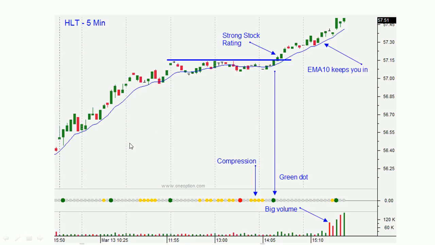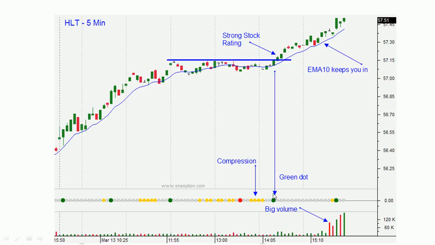And then here's another example where the stock has been very, very strong and it's continued to move up. You start seeing a strong stock rating in here in the platform on that bull run search that I was mentioning. And it's pretty easy because you draw that line and go, well, this stock's breaking out to a new high of the day. That's great. I've got big volume.